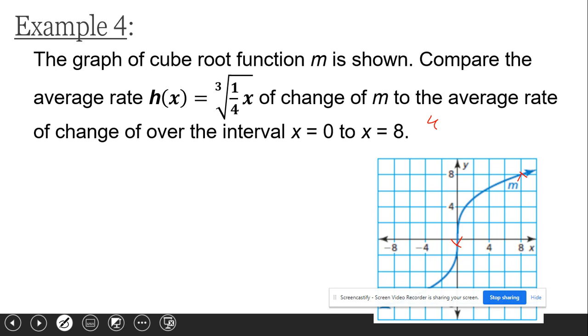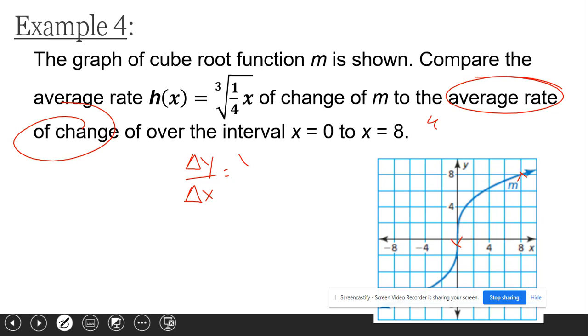So when we see average rate of change, what we're talking about is the change in y, so delta y over delta x. In essence, that means y2 minus y1 over x2 minus x1. So if we look at our points here, we have a point at 8, 8.